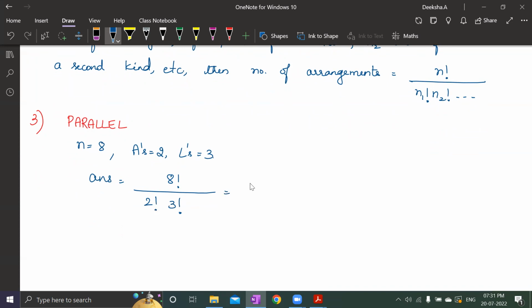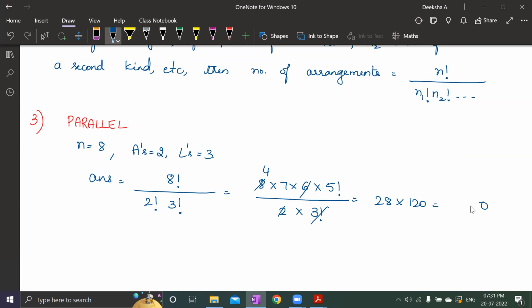Okay, now simplify this. 8 factorial is 40320. You can directly write it, or what I will do is write it as 8 into 7 into 6 into 5 factorial, because 3 factorial is 6. Okay, 2 factorial is 2. This gets cancelled here. And 2 fours are 8, so 4 into 7 is 28, into 5 factorial is 120.